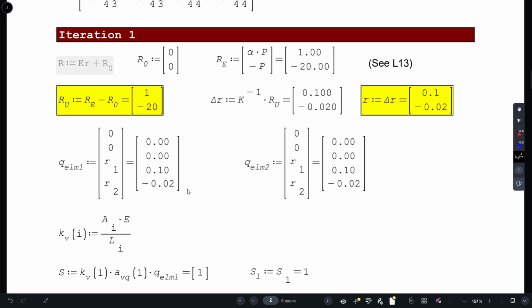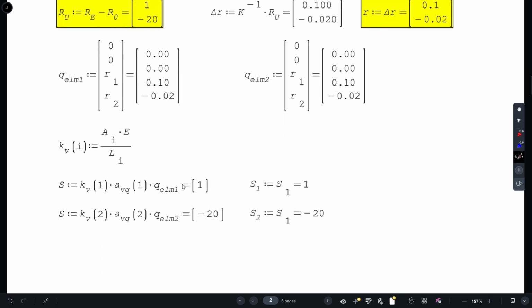So now once I have determined this R, I can get the element end displacement for element 1, which is 0, 0, R1, R2, and similarly for element 2, okay. So once I get Q's for the 2 elements, what I am going to do? I am going to do AVQ times Q. So this is the deformation for element 1 multiplied by KV gives me the force in the element 1, okay.